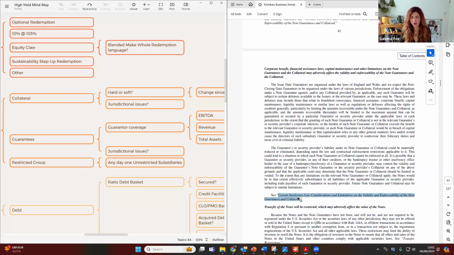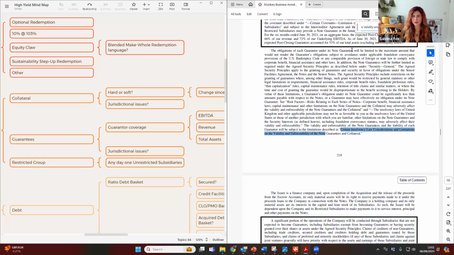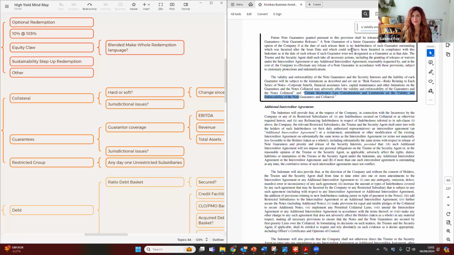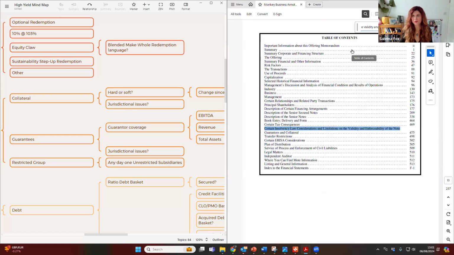You obviously can go and take a look at this section as well. I recommend making considerable use of Control F in your analysis of covenants, and I have lots of Control F tips and tricks in the practical analysis skills course that Fox Legal Training has done already.